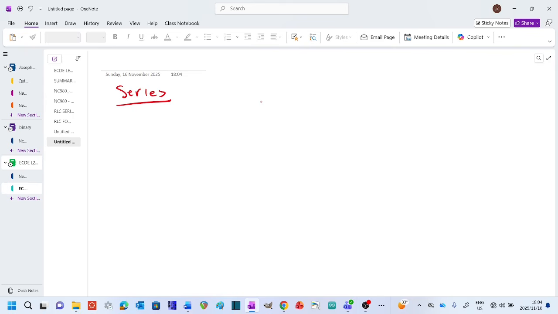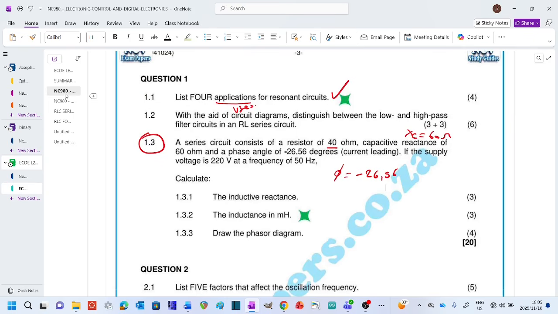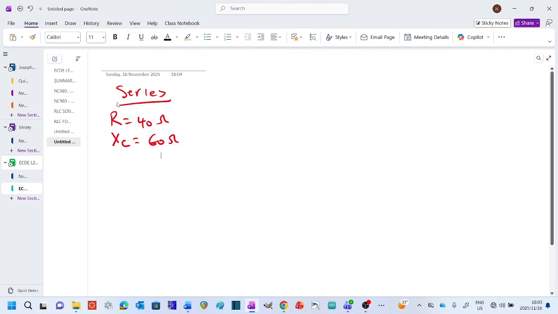What is given? A resistor of 40 ohms, a capacitive reactance of 60 ohms, and a phase angle of minus 26.56.